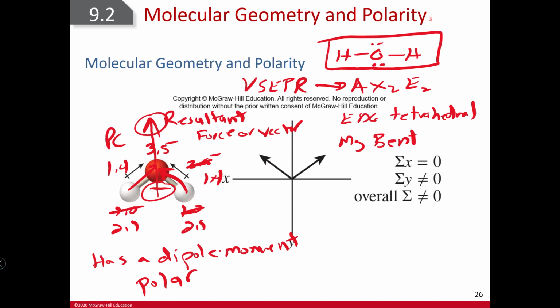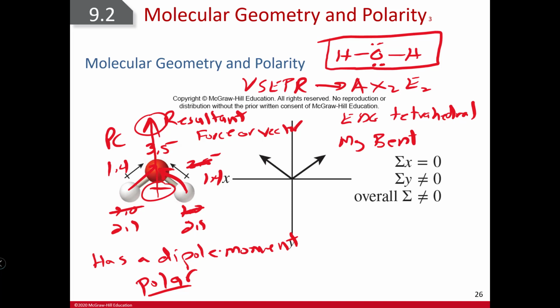So the only way we can determine polarity of a molecule is if we know the geometry and we know the bond polarities of that substance. So again, don't confuse bond polarity and molecular polarity. In order to get molecular polarity, you have to know bond polarity, and you also have to know the correct geometry.